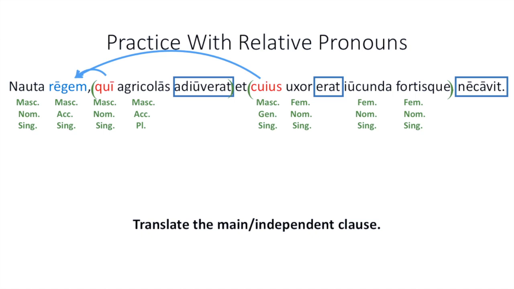Next, we need to translate our main independent clause. So do so, and then you can resume the video. The sailor killed the king is a good translation of nauta regem necavit. You notice that here I started with the main clause, where in the last example I focused first on the relative clause. In this example, I wanted to try something different.